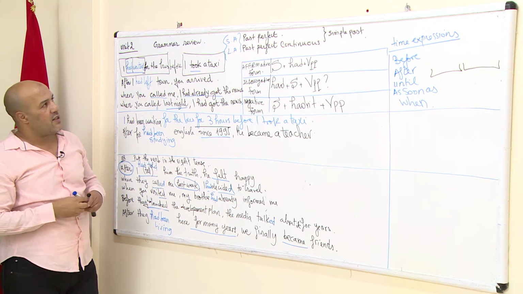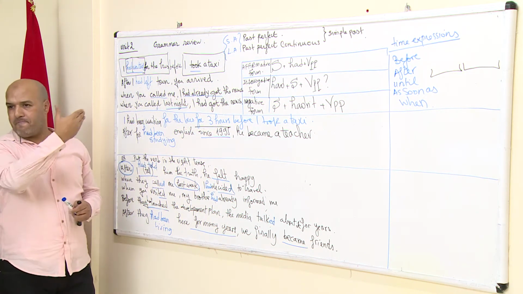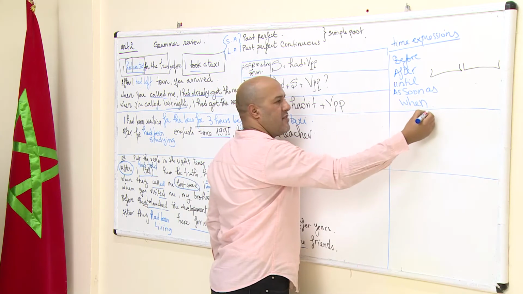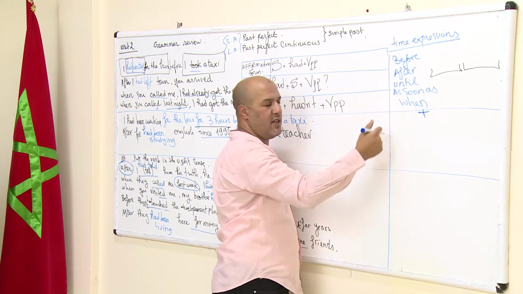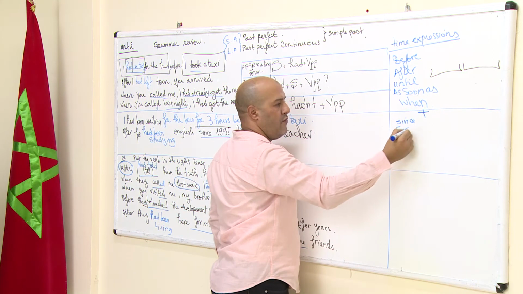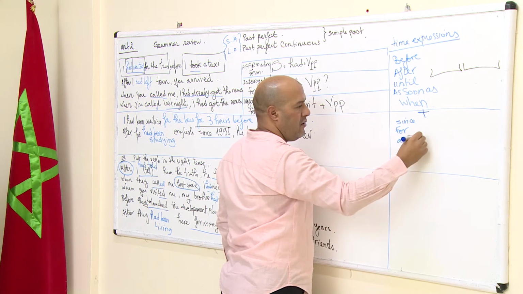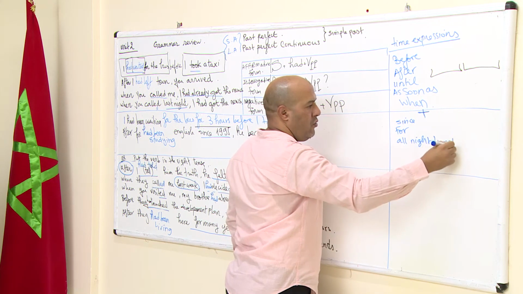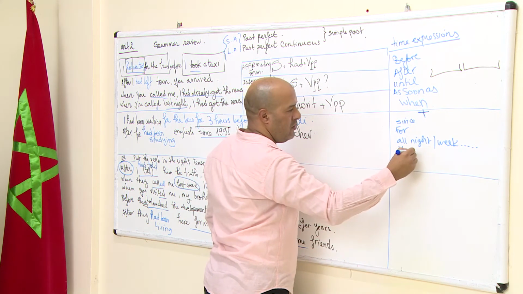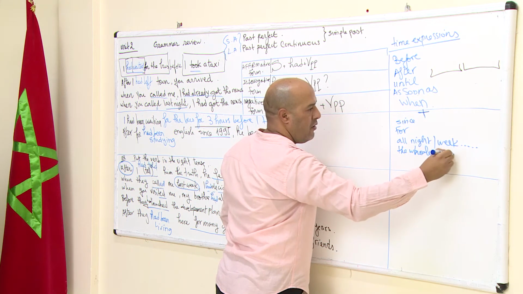As for time indicators, for both tenses they are the same, but when you want to use the past perfect continuous, you may find, plus these main indicators, others which are since, for example, all night, all week, all year, the whole year, the whole night.